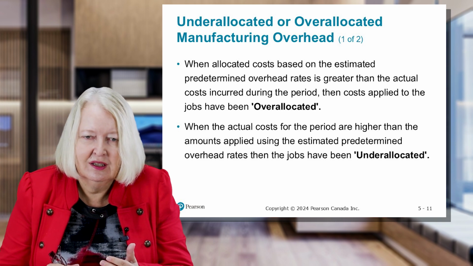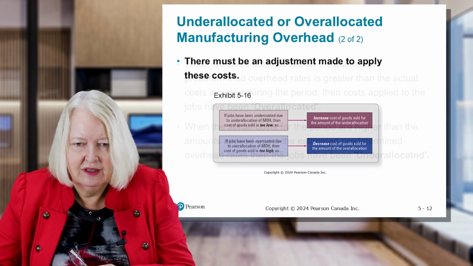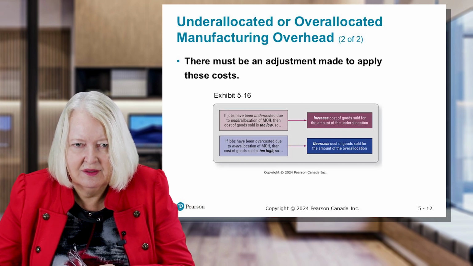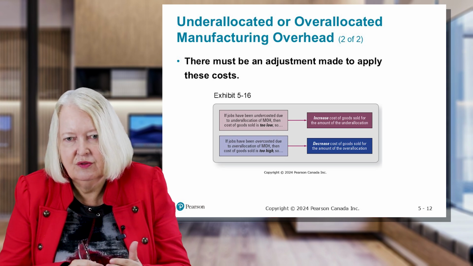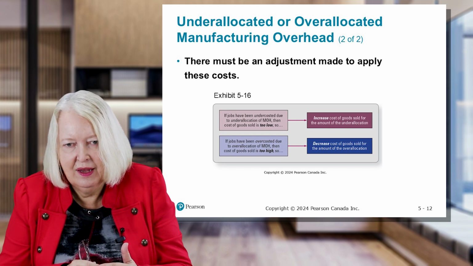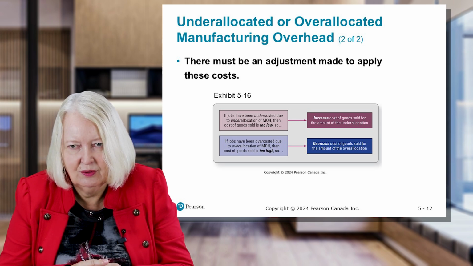And if the actual cost turns out to be under, then you're under allocated. So what you have to do is, of course, make the adjustments. If you've over allocated, you've got to reduce your cost of goods sold by that amount, or if you've under allocated, you've got to increase your cost of goods sold.